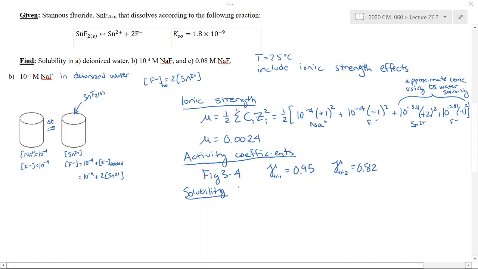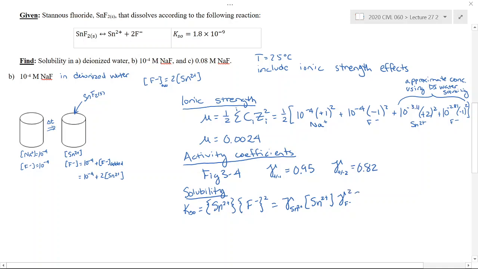using the mass action. Here I'm going to use a Ksp for the stannous fluoride, and I'm using activities, not molar concentrations, because we're considering ionic strength effects. Then I'll replace those with gamma times the molar concentration.